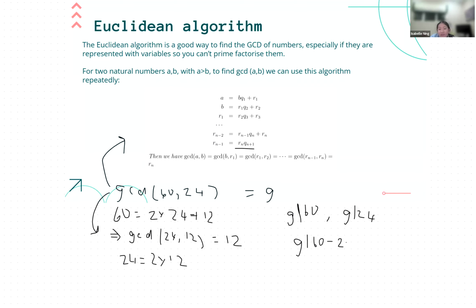Therefore, G divides 12. So essentially you're repeatedly subtracting the smaller number from the bigger number until you get a number that's just smaller than your original smaller number, and then you repeatedly do this until you get a number small enough to do actual calculations on for the greatest common divisor.